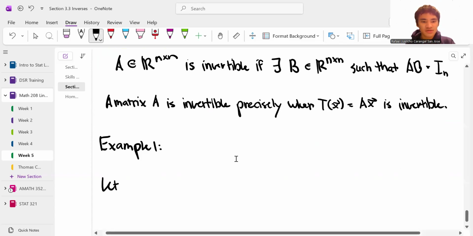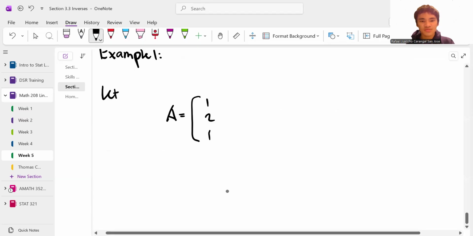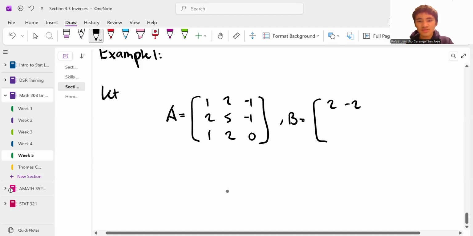Okay, let's do an example. We're going to let A be a 3x3 matrix with these entries 1, 2, 1, 2, 5, 2, -1, -1, 0. And we let B be another matrix. So we say 2, -2, 3, -1, 1, -1, -1, 0, 1.